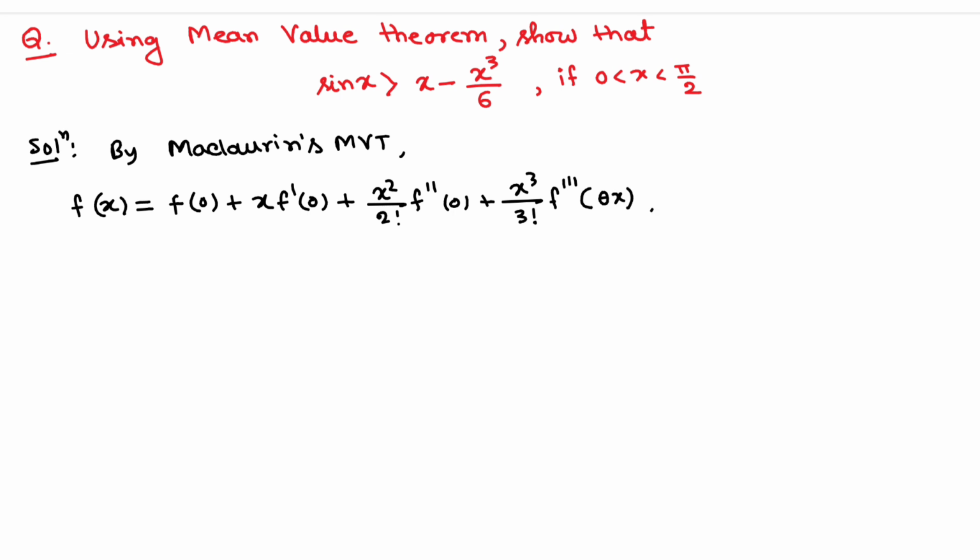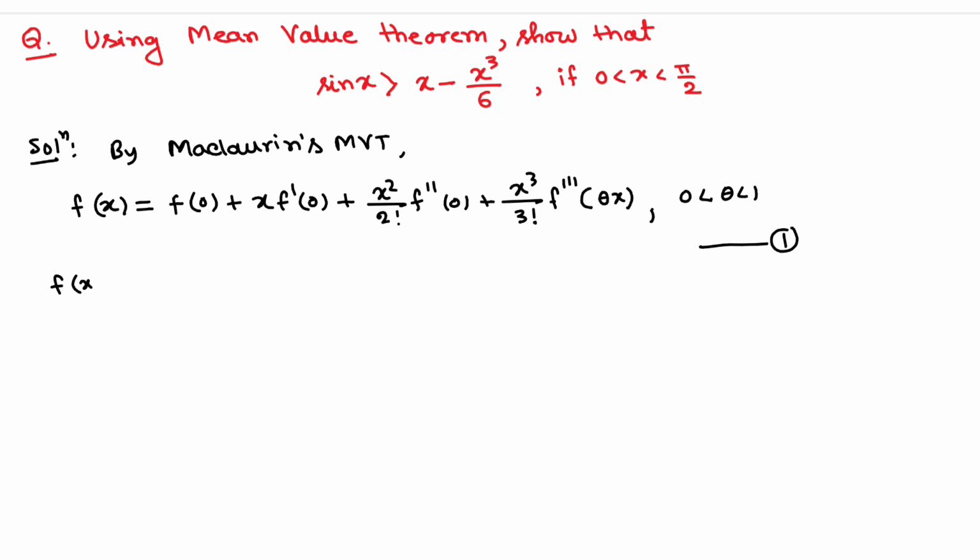And you must write 0 less than theta less than 1. Now f(x) equals sin x, but we don't know the values of f dash 0, f double dash 0, f triple dash 0 and so on. So let's call this equation number 1 and find out those values.